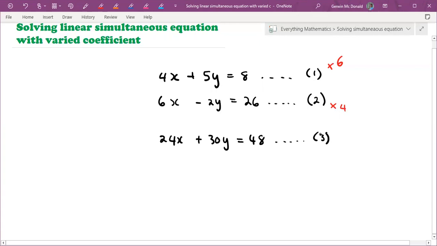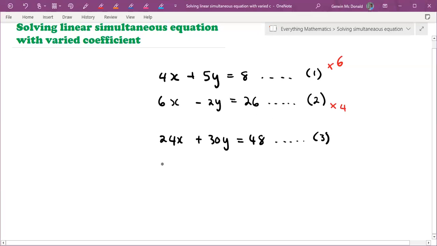In case you wonder how I got these values, simple arithmetic. I multiply 6 by 4x, I get 24x. 6 by 5y, I get 30y. And 6 by 8, I get 48. It's wise to know your times tables, so you can see number relationships too.